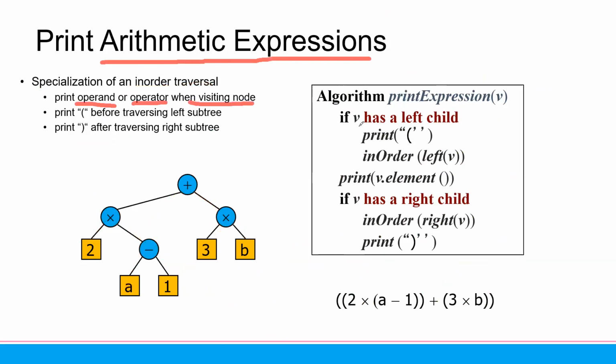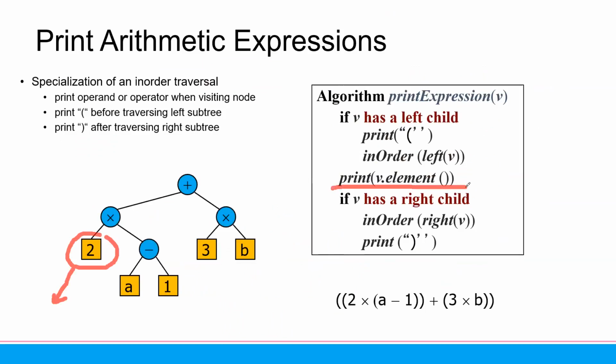So the idea is the same. We check the left child and the right child. But if we know that it is the left child, we print the parenthesis, and then we go to the in-order, the previous one. If the element in the left is already finished, with no other element on the left, then we print the element.